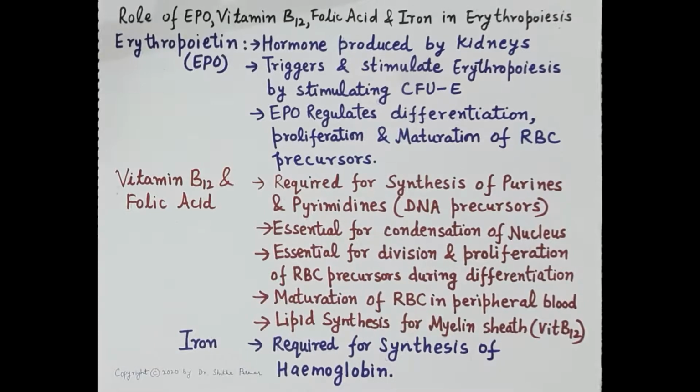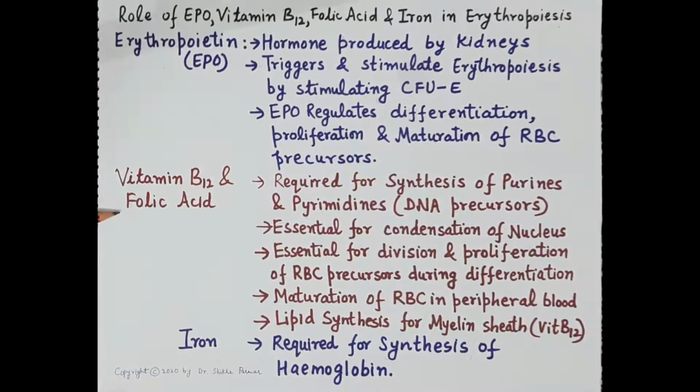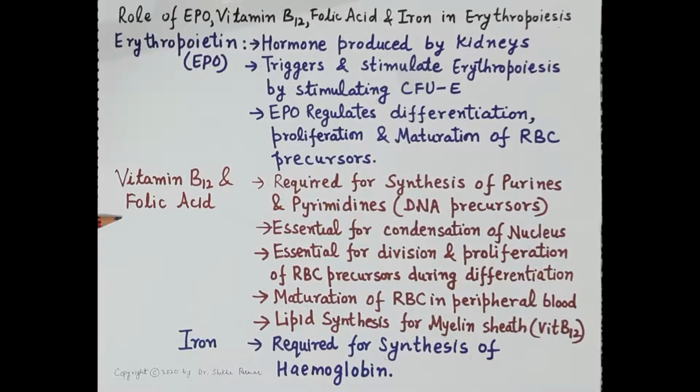Now, coming to the role of vitamin B12 and folic acid. As we have already discussed, their primary role is the synthesis of DNA, and synthesis of DNA is very essential for the division and differentiation of the cells. Further, vitamin B12 and folic acid are also required for the maturation of reticulocyte to erythrocyte.